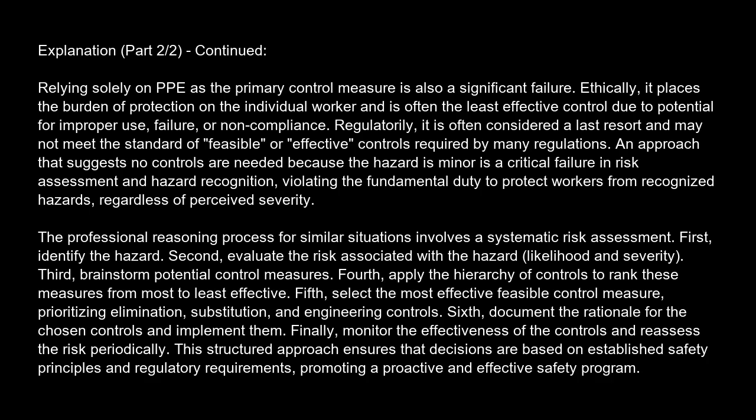Fifth, select the most effective feasible control measure, prioritizing elimination, substitution, and engineering controls. Sixth, document the rationale for the chosen controls and implement them. Finally, monitor the effectiveness of the controls and reassess the risk periodically. This structured approach ensures that decisions are based on established safety principles and regulatory requirements, promoting a proactive and effective safety program.